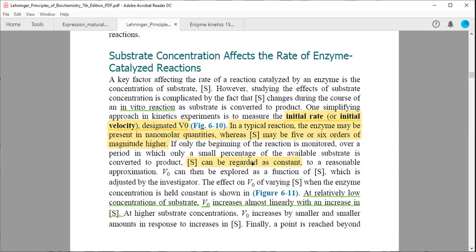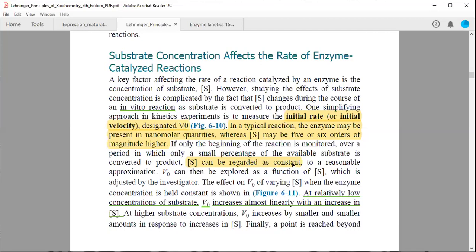Okay, so when the reaction is happening, it is only in the beginning of the reaction, monitored over a period of time in which only a small percentage of the available substrate is converted to the product, so delta S, or the change in concentration of the substrate, can be regarded as constant. What does this mean?